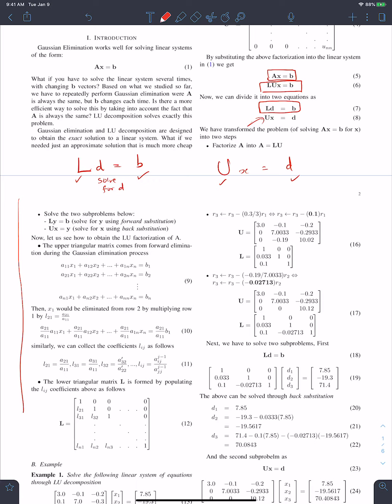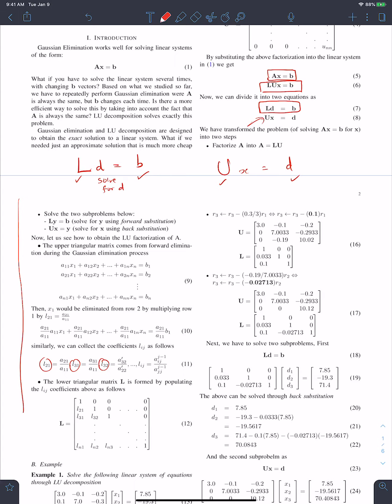We do the forward elimination like how we do Gaussian elimination, and then we save those coefficients. Those are the coefficients that are used to make the L. So that's a neat approach, that's why we are studying it.